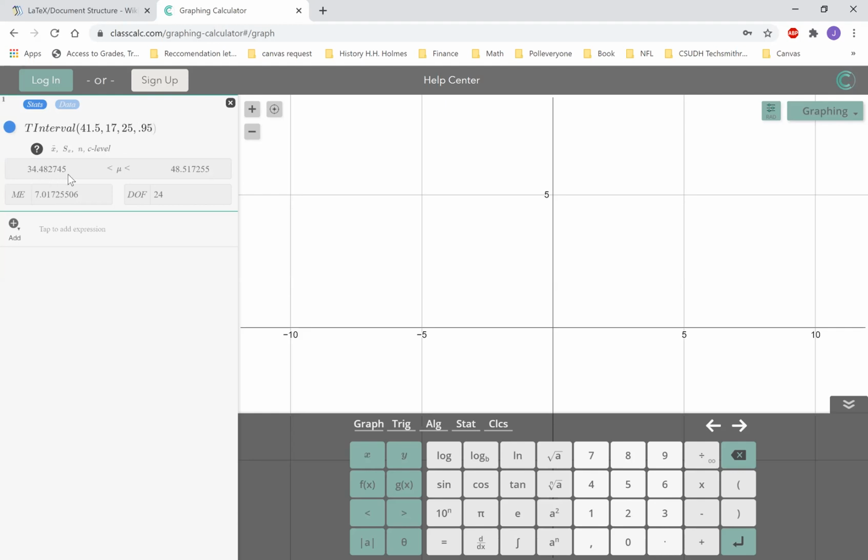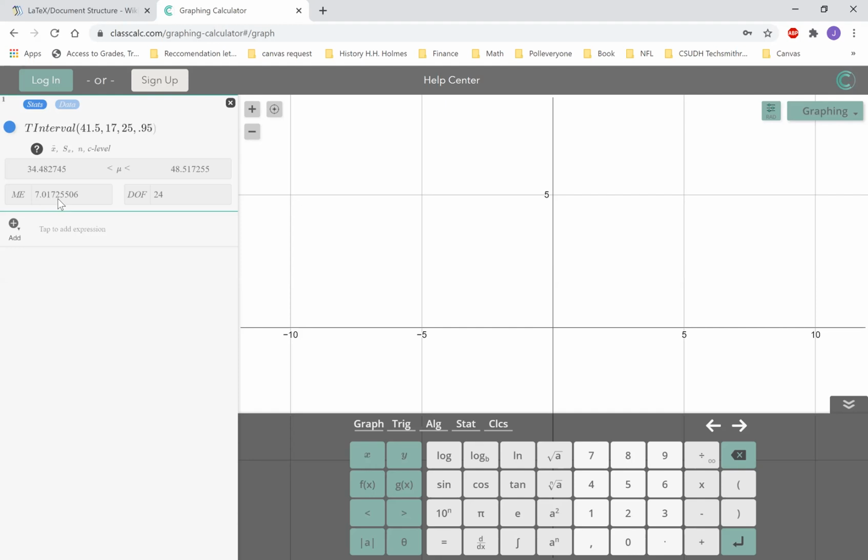If you look, our answer was pretty close to this, because remember, we were rounding off. So our answer might have been a little bit off just because we rounded some of the values. But for the most part, everything is spot on. It gave me the margin of error. We got a margin of error of 7.004, and it got 7.01725.